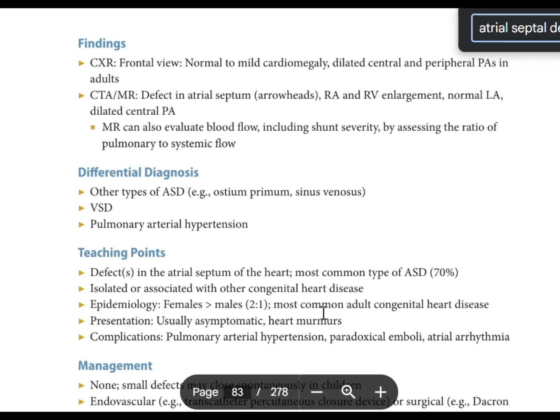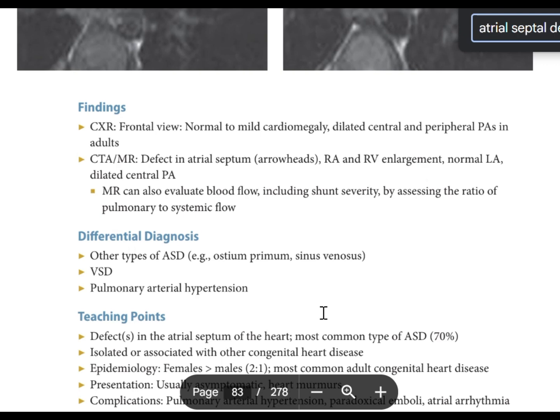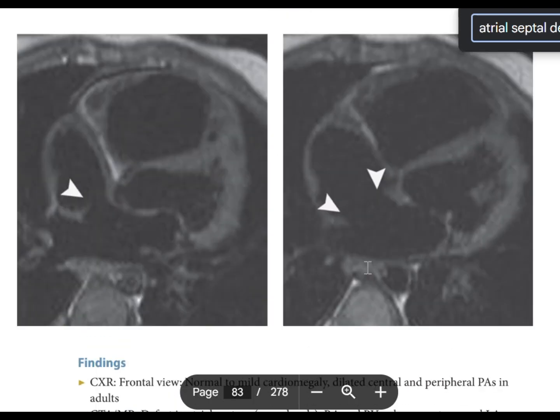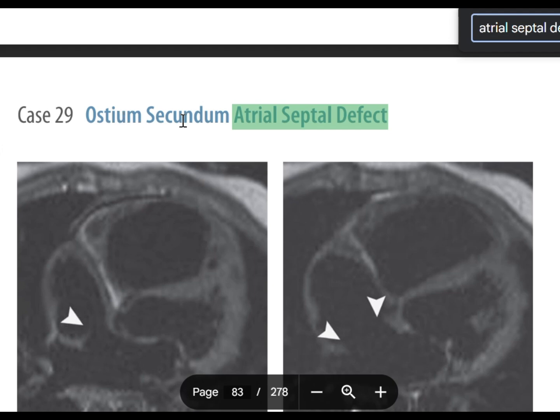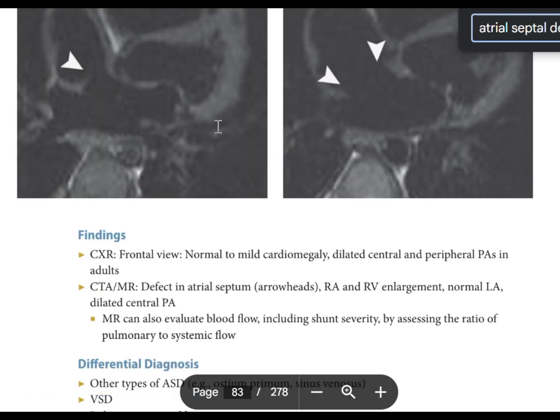There are three types of ASD: ostium primum, ostium secundum, and sinus venosus. This is the ostium secundum.